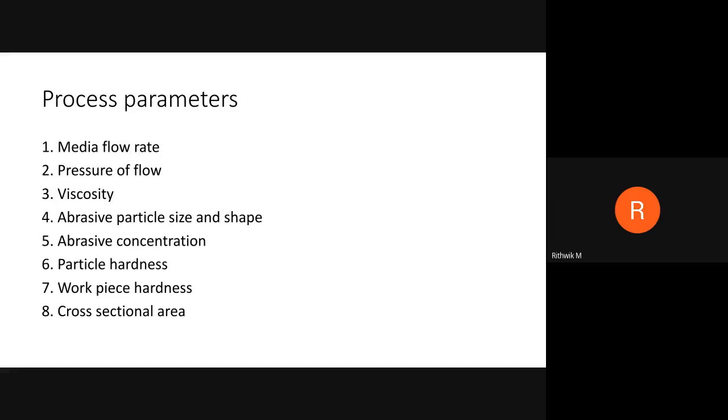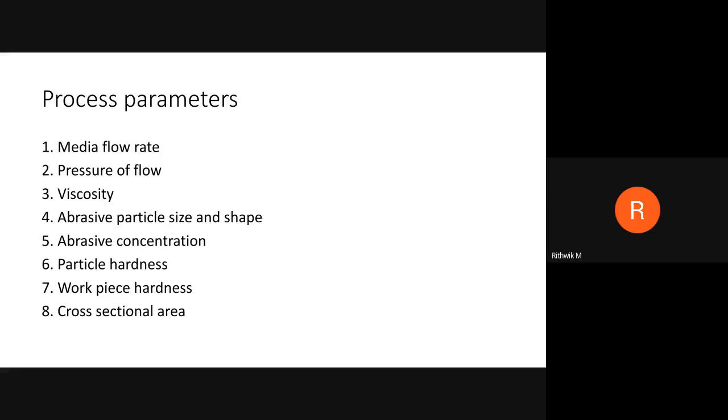Whether it is high or low, that affects the total quality of the end product. Then pressure of the flow, the pressure of flow of this particular carrier medium with the abrasive. Then viscosity of the liquid.